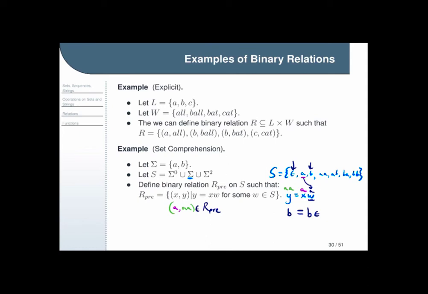So I can quickly see that basically every element is going to be related to itself in this relation, and that's a useful thing to know about a relation. We'll talk about that more later.